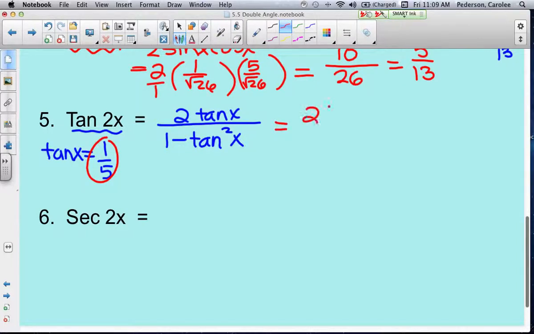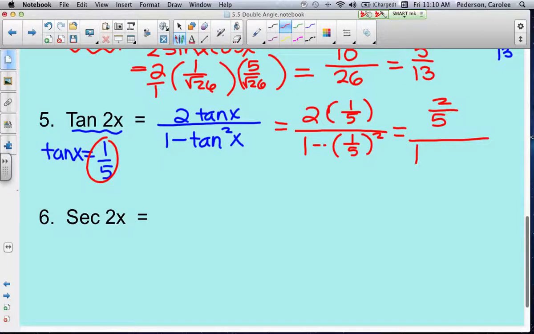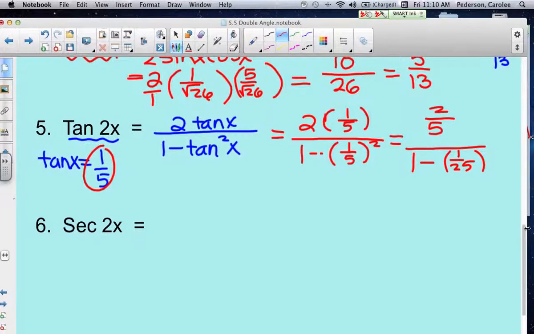So we have 2 times 1/5 over 1 minus 1/5 squared, because there's 2 tangent of x's there, tangent squared of x. So now we multiply across: 2 over 5, and then the denominator 1 minus, and then 1/5 times 1/5 is 1/25.